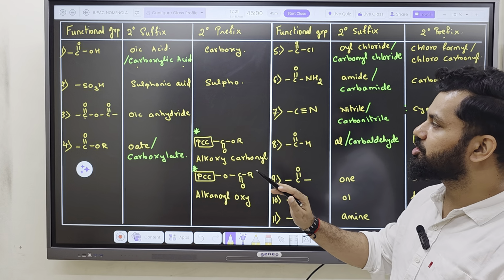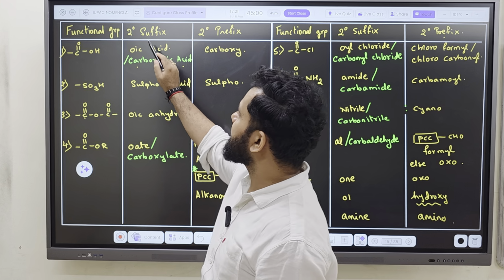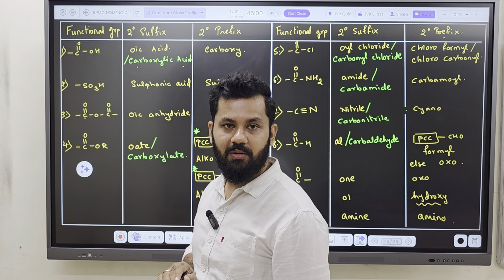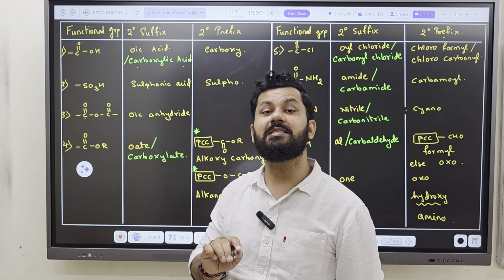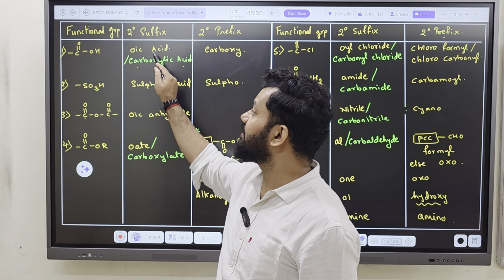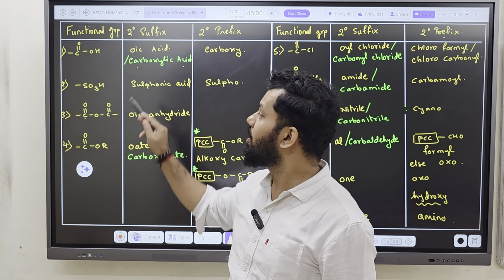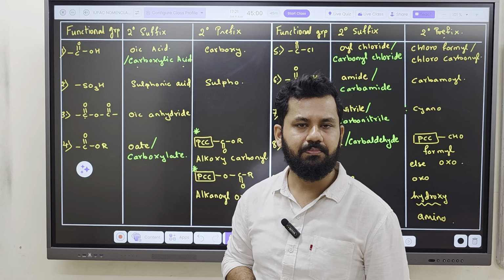Now the primary functional group comes in the secondary suffix part. For example, if you are given a carboxylic acid, then its name will always end with the suffix oic acid or carboxylic acid.